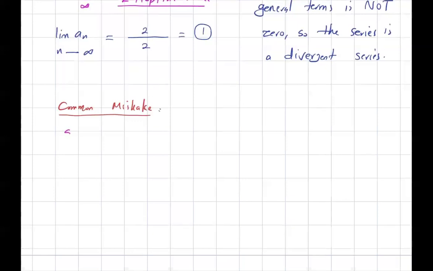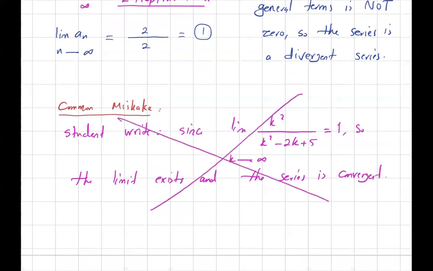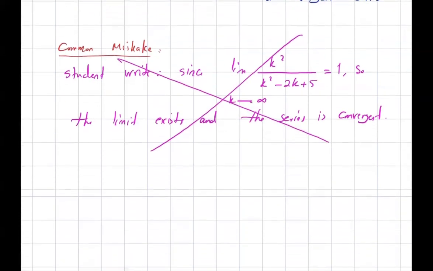A student writes, since the limit of k squared divided by k squared minus 2k plus 5 as k goes to infinity is equal to 1, so the limit exists and the series is convergent. It's a mistake.